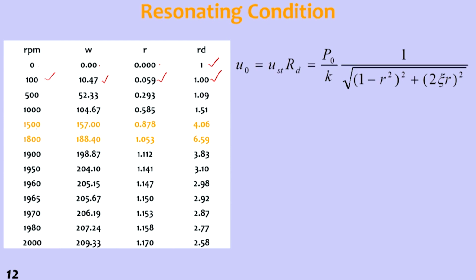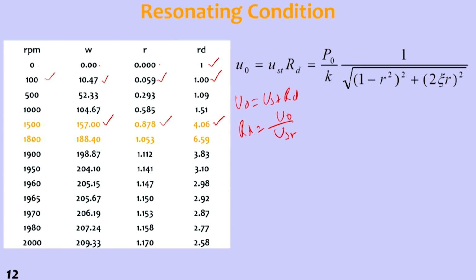When it increases up to 1500, omega is 157 and r is 0.878, and Rd is 4. As you can see, this is 4 times more than the static deflection. You can see here u0 is equal to u_st into Rd, so Rd is equal to u0 by u_st. That means it is 4 times more than the static deflection.